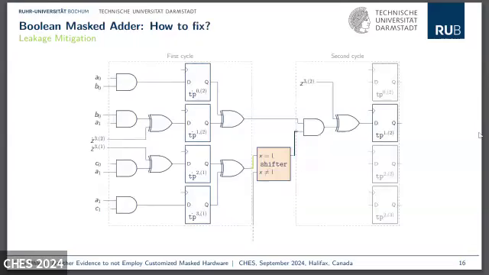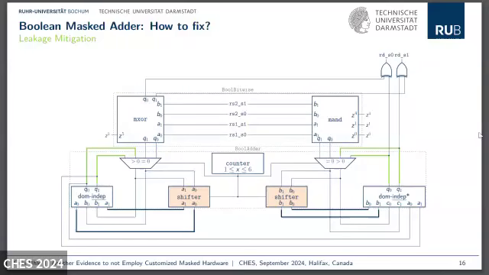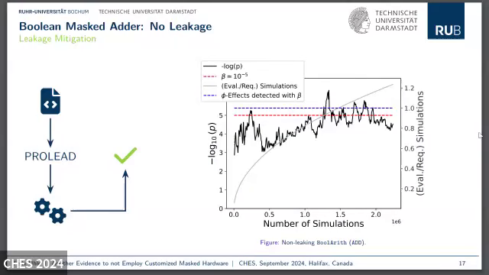To mitigate this, we have 2 possibilities: we can add a register in the green path or in the blue path. We opt for adding registers to the green path since it requires fewer changes to the control logic. When we zoom out, we can see that adding these registers in this iterative path doubles the computation time, so a huge overhead. But after this fix, we found no leakage anymore using PROLEAD.